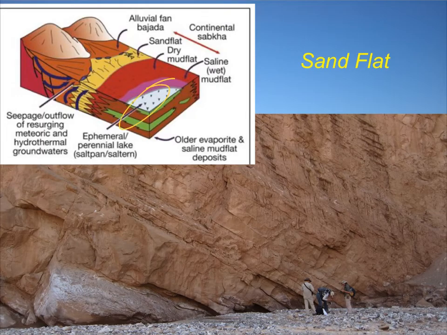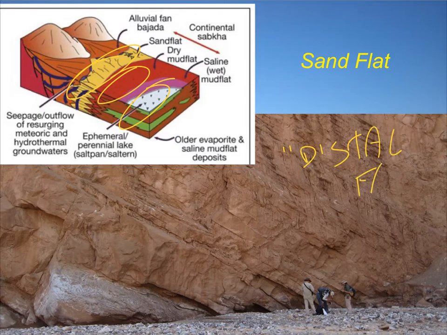Now moving from the lake to the dry mud flat to the sand flat is basically the distal fan. It is made up mostly of sand because you still have fairly high energy flows coming out of the fans, but they've deposited all of the coarsest grained, highest energy material up on the fan itself, and you get this fan apron. So you still get very continuous beds.